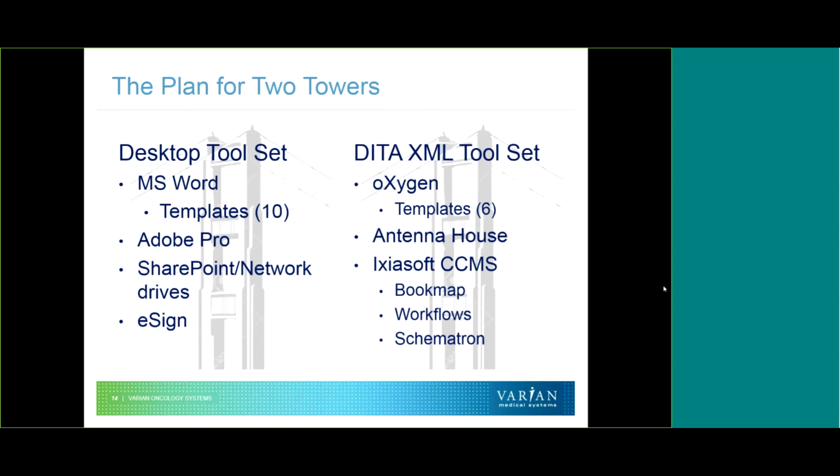We do a lot of that collaboration and modification in SharePoint environments, network drives, emails, and things like this. And then we finally have an in-house, homegrown e-sign process that our corporate group has developed. So that's our basic tool set to publish.